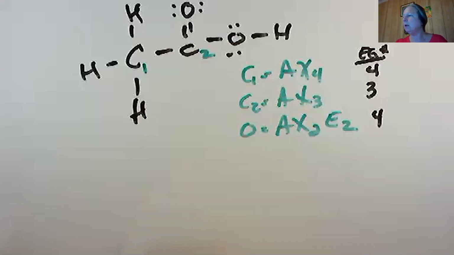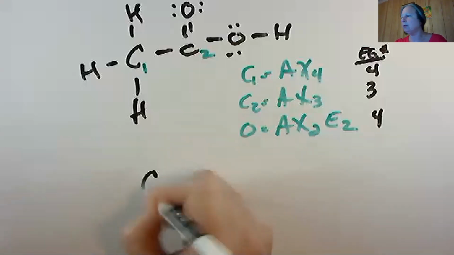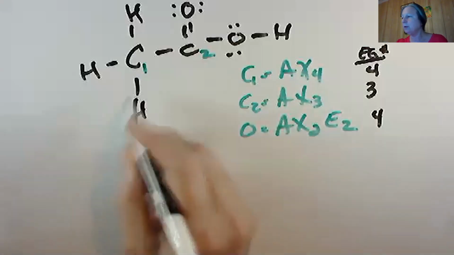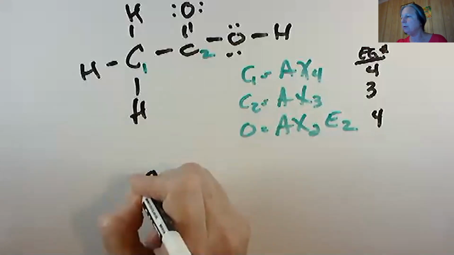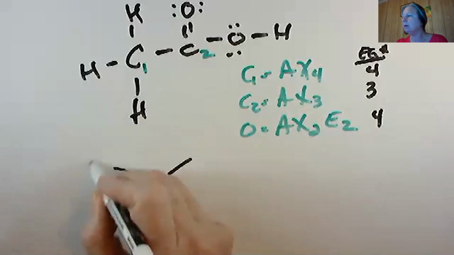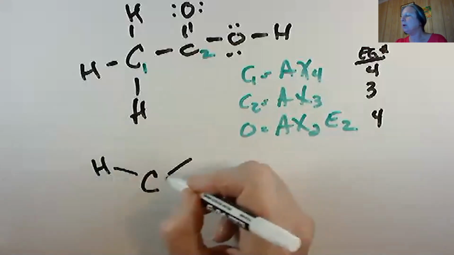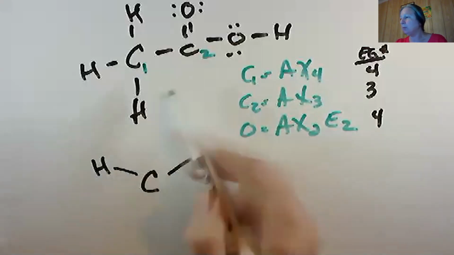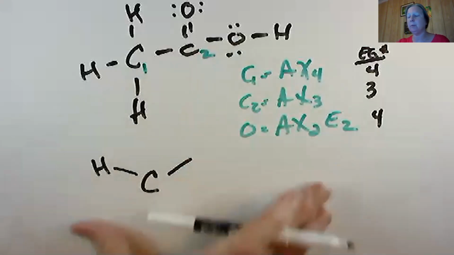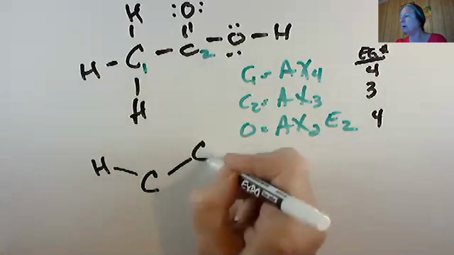So I'm going to start with my first carbon. I don't have all tetrahedral, so I'm not going to do the line. This carbon, you always keep your atoms, the skeleton atoms, the backbone atoms, in the plane of the paper. So my other carbon is going to come up here.